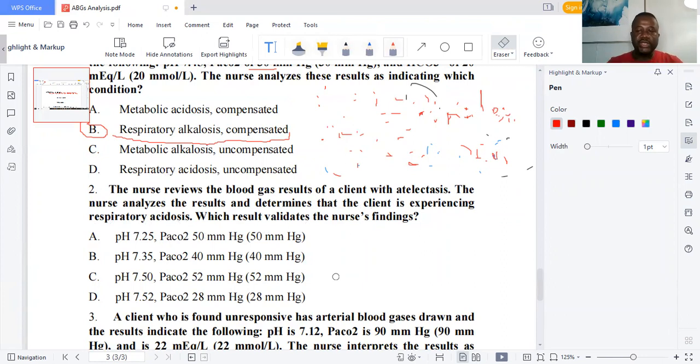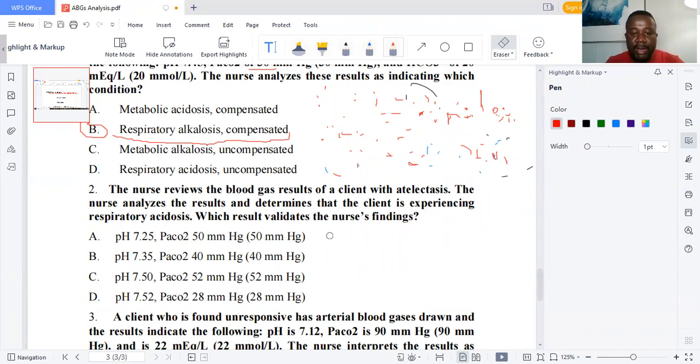Now, in this question, they have given you the medical condition, right? That it is respiratory acidosis. Now, they want you to find out the values that suit that for it to be respiratory acidosis. So you have to flip our formula to find the values that suit.